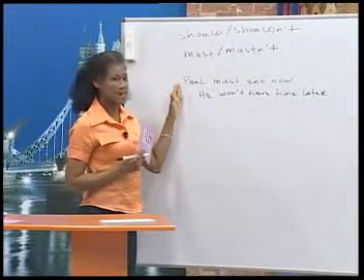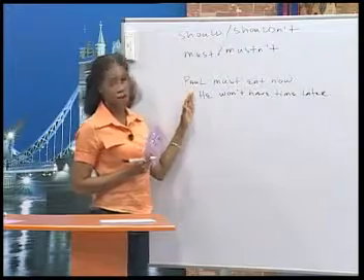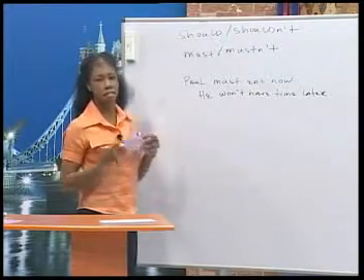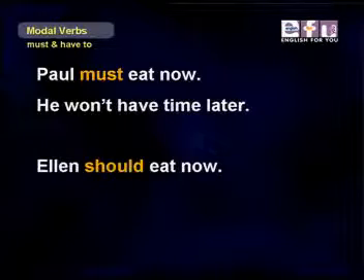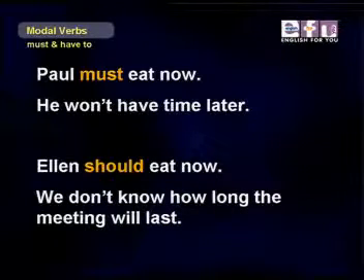Paul must eat now. He won't have time later. So there isn't a choice. But we can say Ellen should eat now. It's her choice, but we don't know how long the meeting will last.